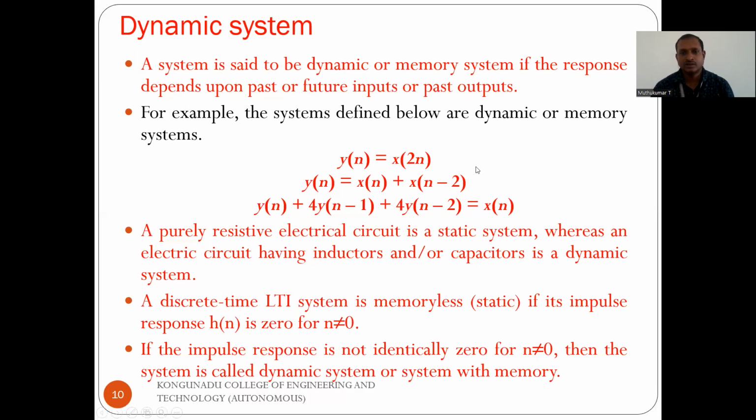For the above, the output depends upon the past and future values of the input and the past values of the output. So the system is called a dynamic system.